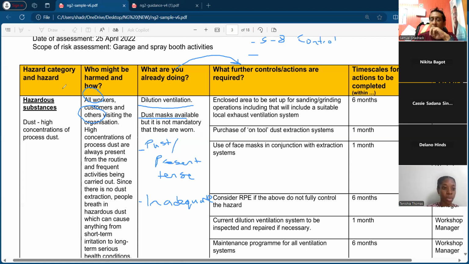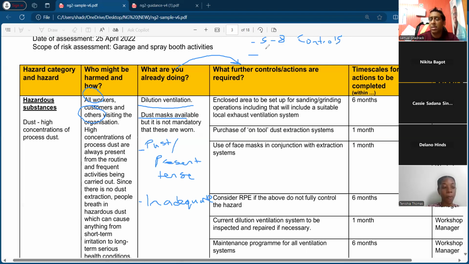Face mask, maintenance, all of these are good controls, right? You'll have to think practically about how to solve the problem in the hazard that you created. So take a note of that: 5 to 8 controls. The controls must solve the problem.